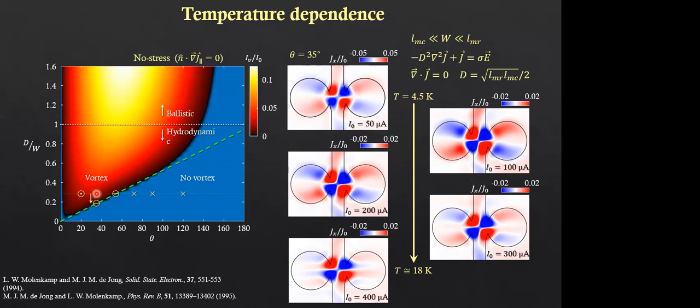So the 35 degree angle phase boundary for higher temperature is this point. And we now have two data points, one at 4.5 Kelvin, this one, and another at 18 Kelvin, this one. And they more or less fit with a linear behavior. The vortex to laminar transition is kind of linear.